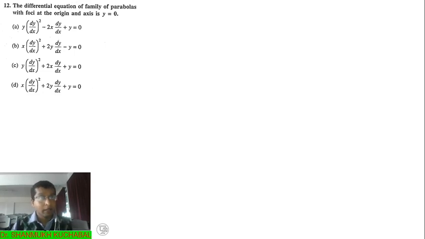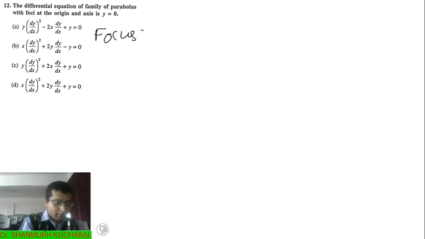Next example, the differential equation of the family of parabolas with focus at the origin and axis y equal to 0. We have to find the answer among the 4 options here. The focus of the parabola, we know, is the origin 0 comma 0, and the vertex is a comma 0.